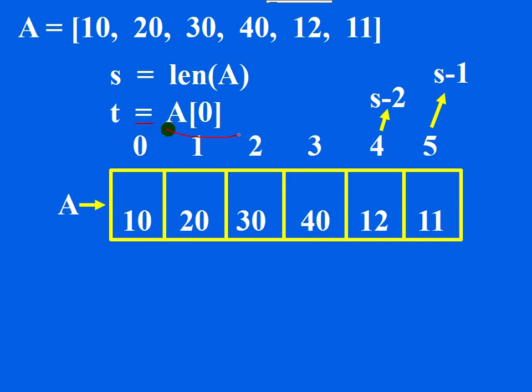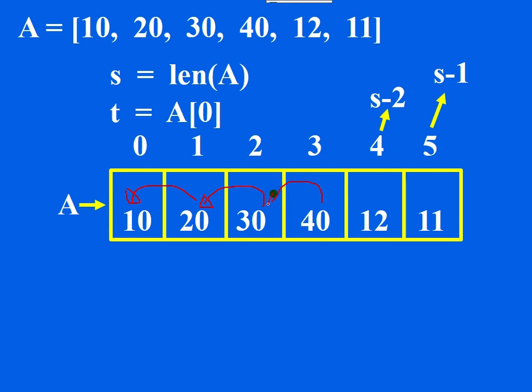Assignment operator means right hand side is assigned to left hand side. So A of 0, example 10, that is stored in temporary variable t. So now your t contains 10. Now what do I need to do? Shift this element by one position to the left. Again, shift this element by one position to the left.